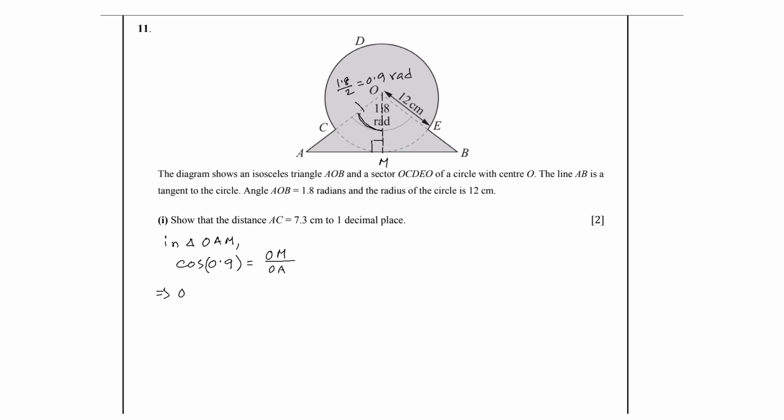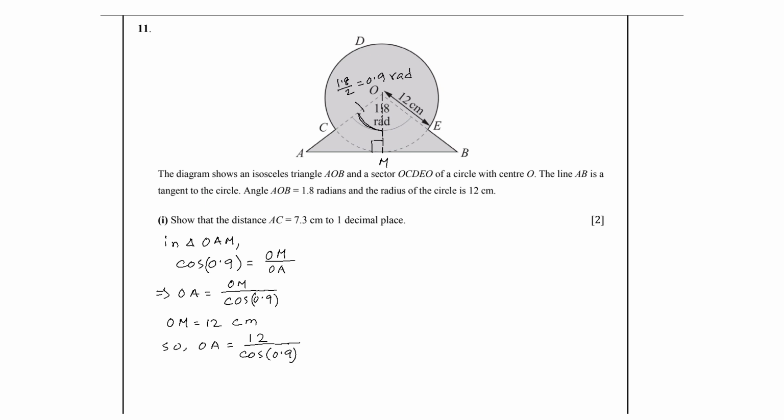Now let's make OA the subject, so we can write OA equals OM over cos 0.9. But OM is the radius, so OM is 12 centimeter. Now let's use this value. We can write OA equals 12 divided by cos 0.9.